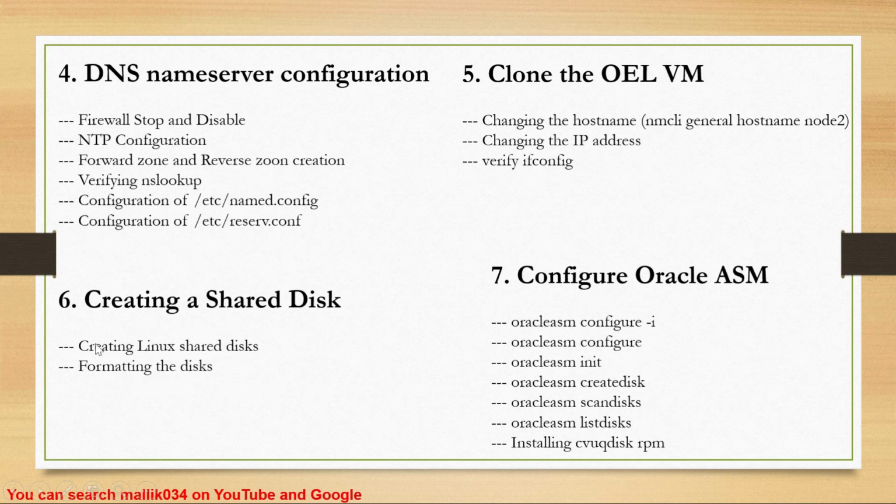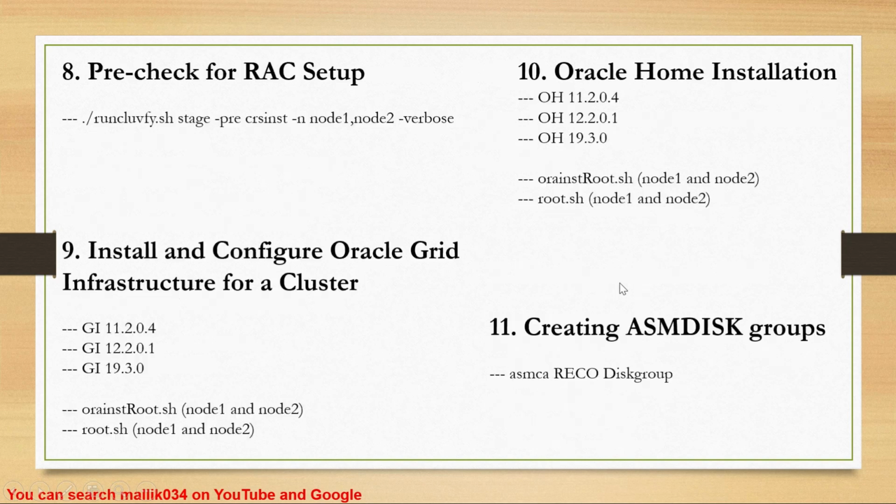So once you create your shared disk, using oracleasm createdisk, you can create ASM disks. Once ASM disks are created, you can give those ASM disks to ASM for creating your disk groups. And you can verify scandisks, listdisks, and installing the CVUdisk RPM. I'm going to show you all of this in configuring Oracle ASM.